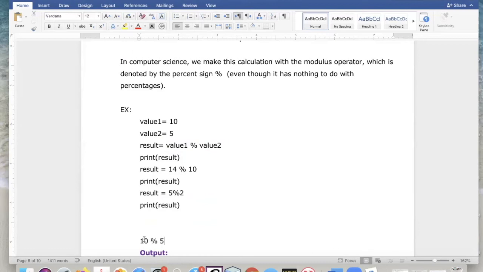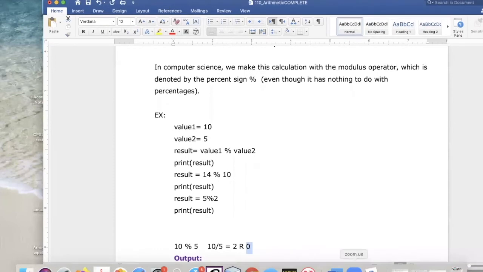So 5 goes into 10 2 times, and then what's the remainder? 10 divided by 5 equals 2, remainder 0, because 5 evenly goes into 10. So the result of the modulus operator is the remainder, it's 0. So this first example is going to print out 0, and we can test that out in Python.